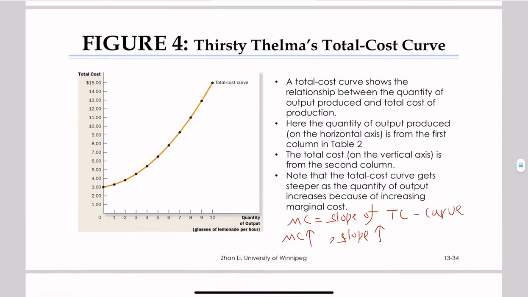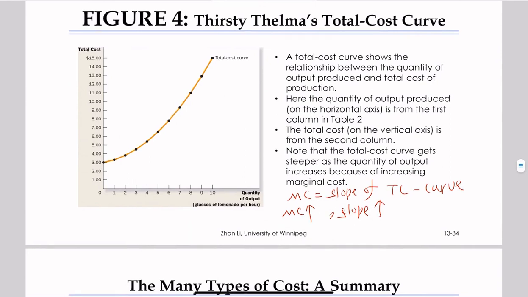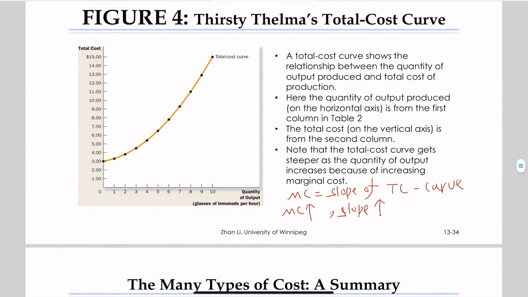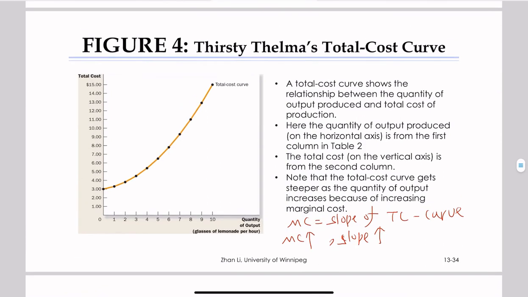Oh, by the way, how do you know marginal cost equals the slope of the total cost curve? Well, it's a similar argument, right? We talked about why marginal product equals the slope of the production curve, and we used the definition of rise over run. Well, in this case, it's the same. Again, you can see here, this is the rise, and this is the run.